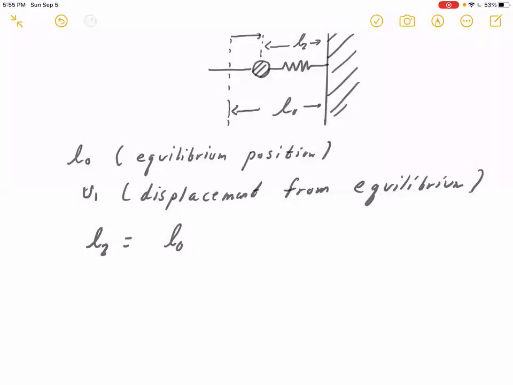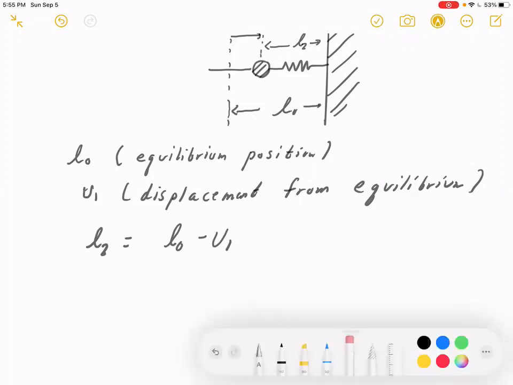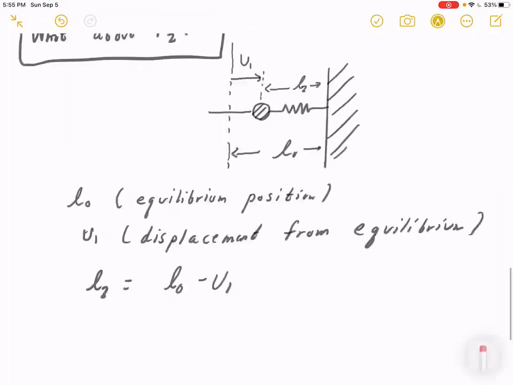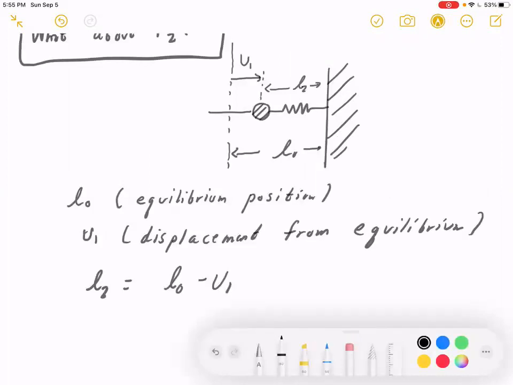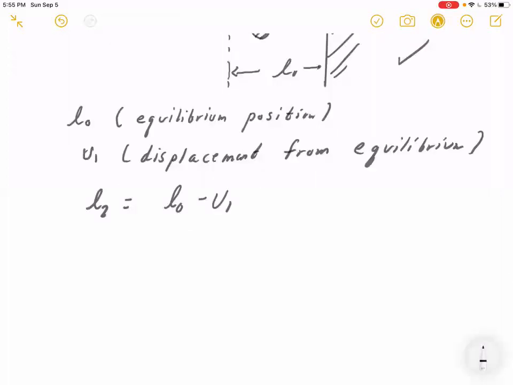L sub 2 is just L naught minus U sub 1. Sorry, I don't need parentheses there. That follows from the construction of this diagram. And so what is the total displacement? This is a definition.